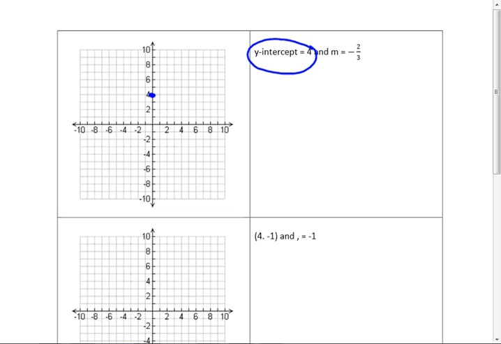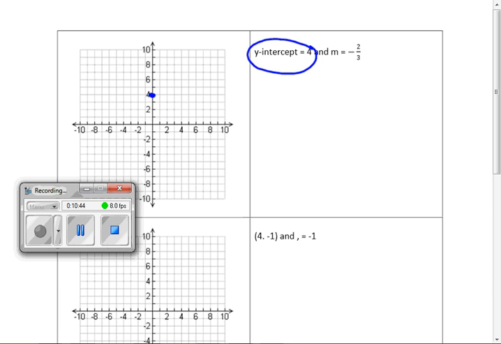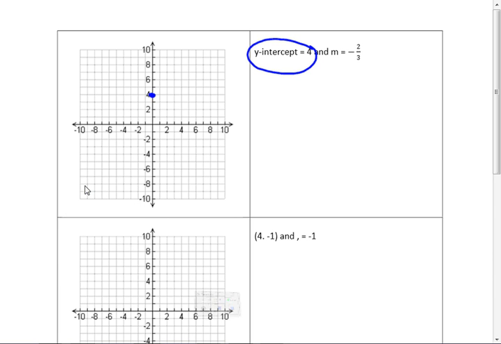That should be the easy part. Then how do I get another point, Nick? I'm going to count. Now, I can think of it this way, or I can think of it this way. It doesn't matter. Which way do you want? Okay, Nick, you're not going to be able to sit there.